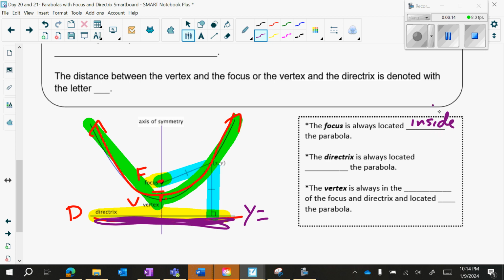The directrix is always located behind the parabola, behind the vertex, outside the parabola, not inside. And the vertex is always the midpoint, in the middle of the focus and the directrix, and located on the parabola. The vertex is always on the parabola.